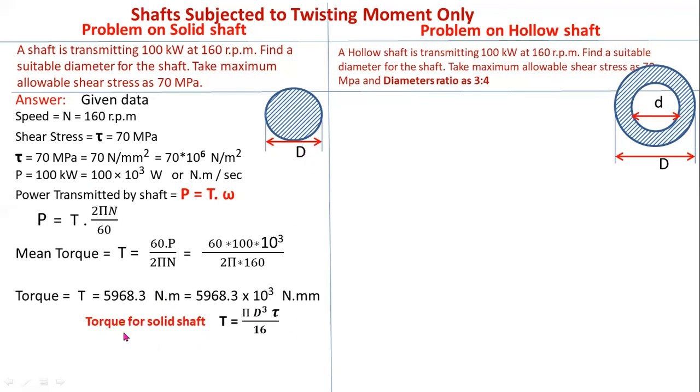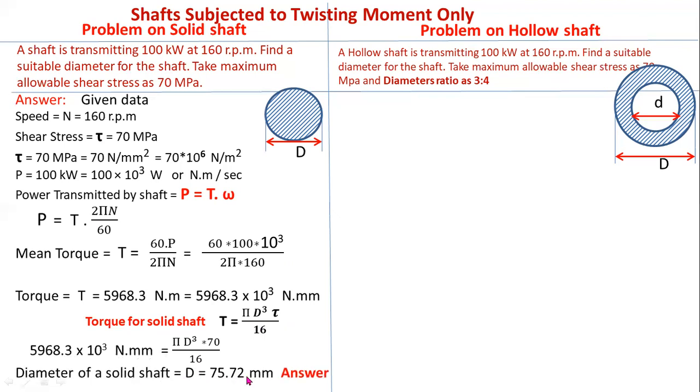Tau is the shear stress induced in the shaft material. So you have to substitute the value of torque and shear stress in this equation, and you can get the value of diameter. From this equation, the required outer diameter of the solid shaft D equal to 75.72 mm. This is the answer for this solid shaft problem.